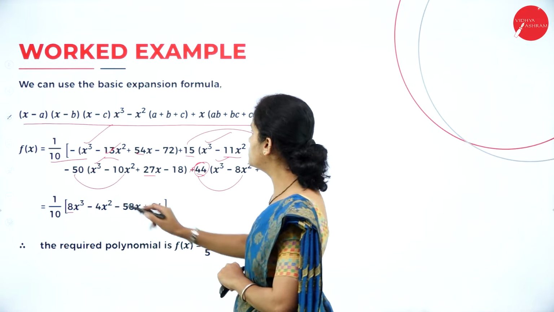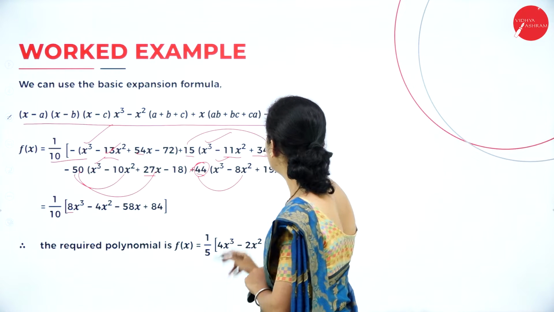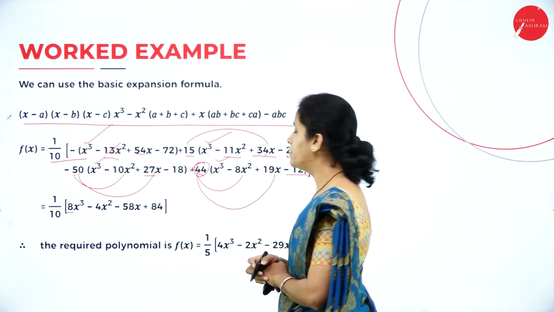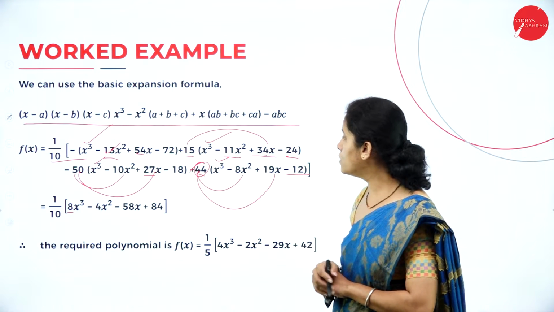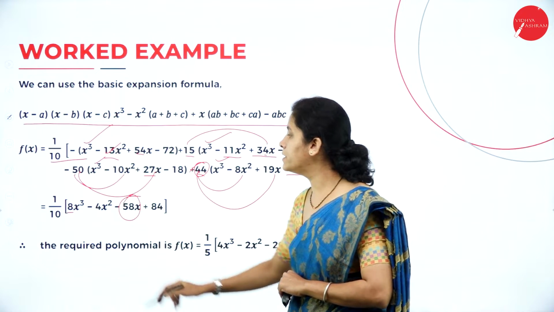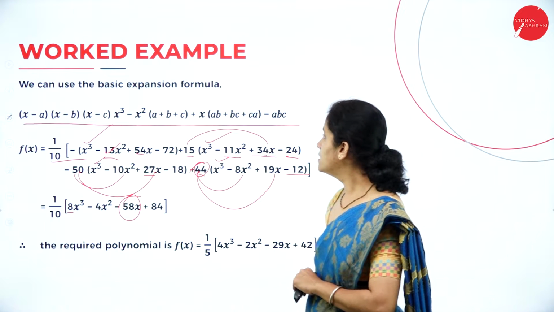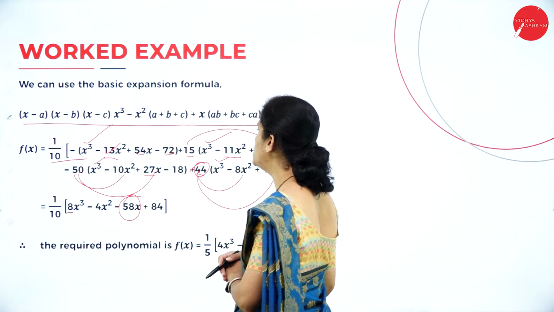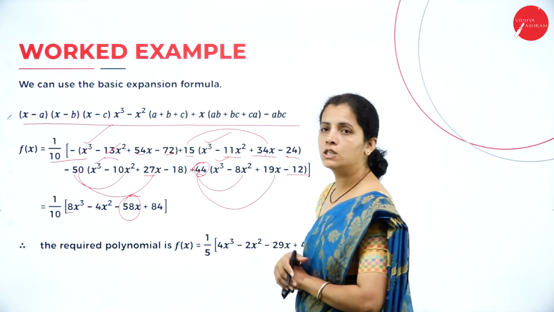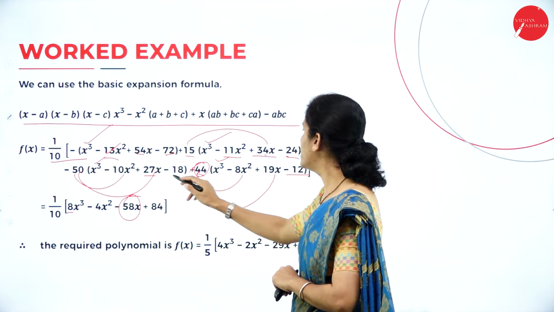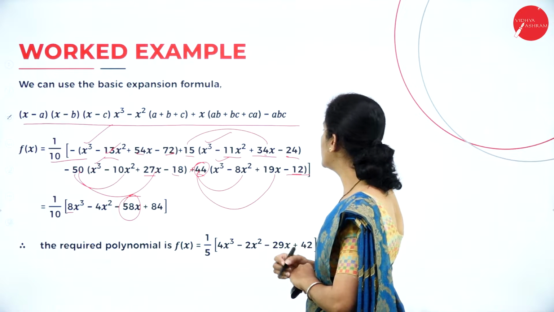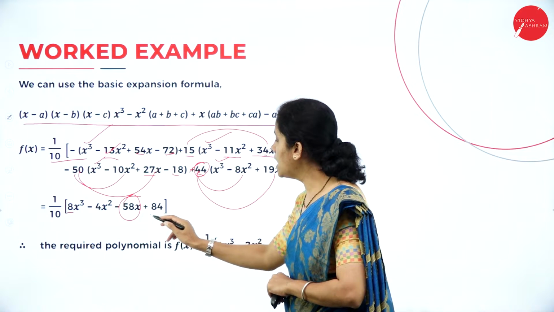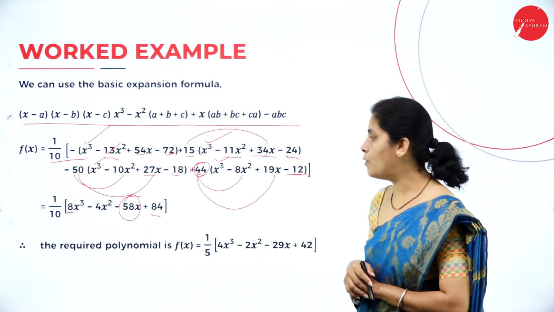I want to multiply this one, and I want to multiply this one, and I want to multiply 44 into 19x. So I'll get the answer minus 58x. Now see here, I have 72, here minus 24, here 18, and here it is minus 12. I'm going to get the answer plus 84.